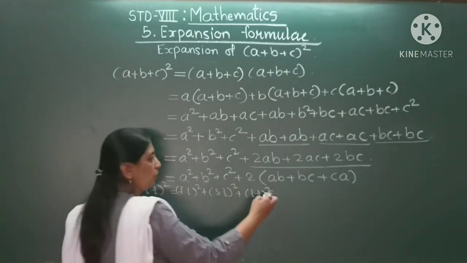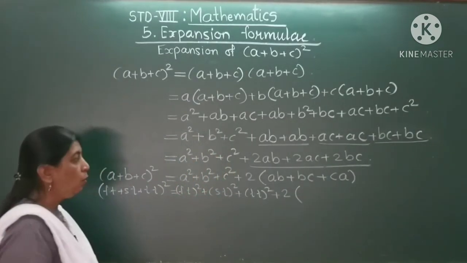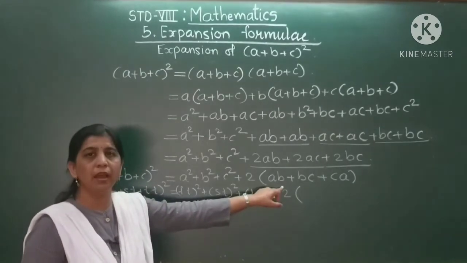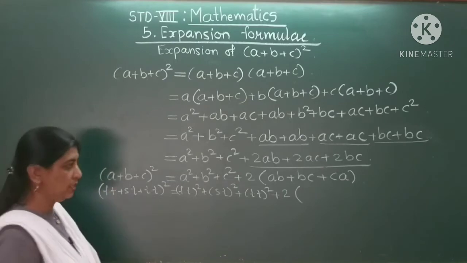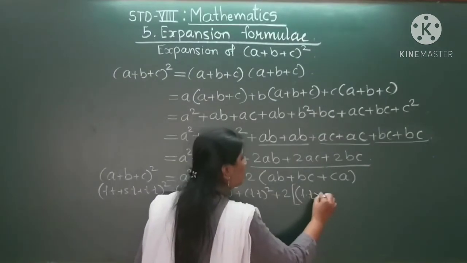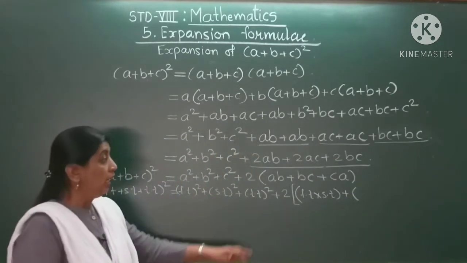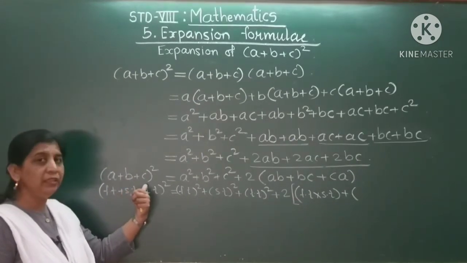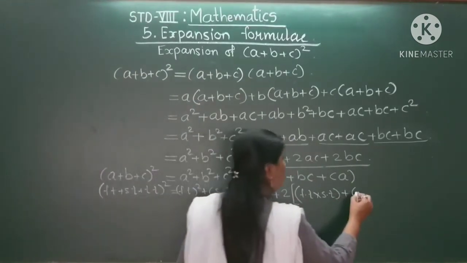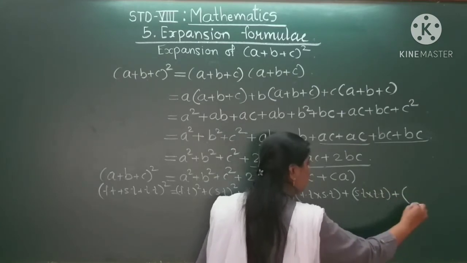Now, plus 2 into bracket. What you will see here, A and B are multiplied. Now A is my first term, B is my second term. So in the first bracket, it is first term into second term, plus B into C, so second term and third term, second term into third term multiplication.